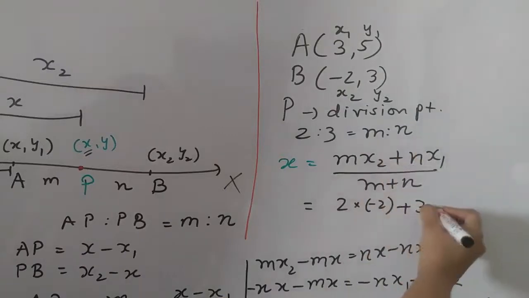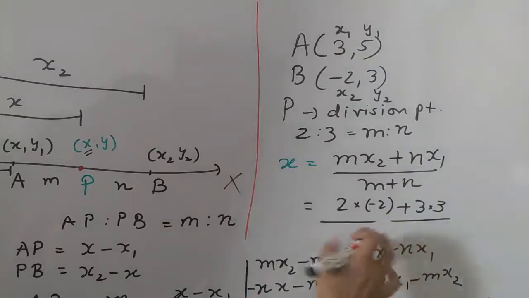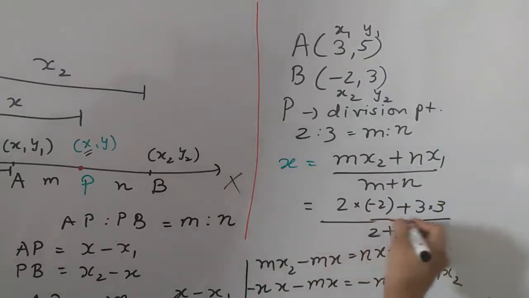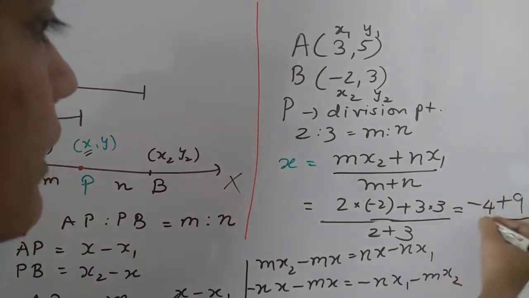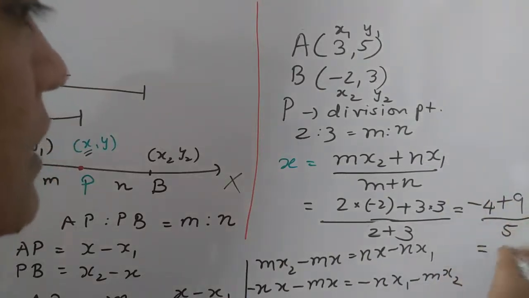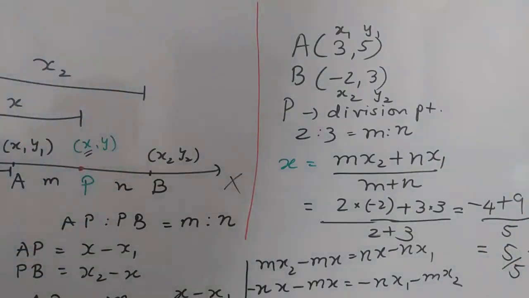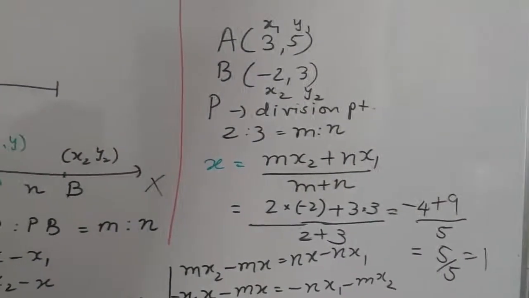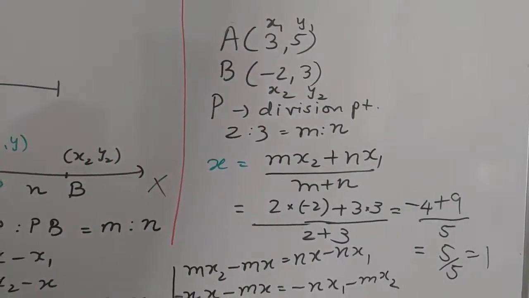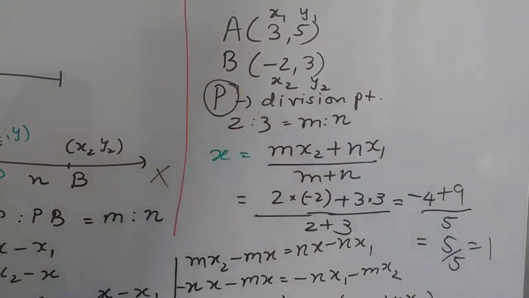And 3, x1 is also 3. In the denominator m plus n, that is 2 plus 3. So I get -4 plus 3 times 3 is 9, upon 3 plus 2 is 5. So that will be 5 upon 5, which means the answer is 1. So I get the x coordinate as 1, which means I found the x coordinate of the division point P.